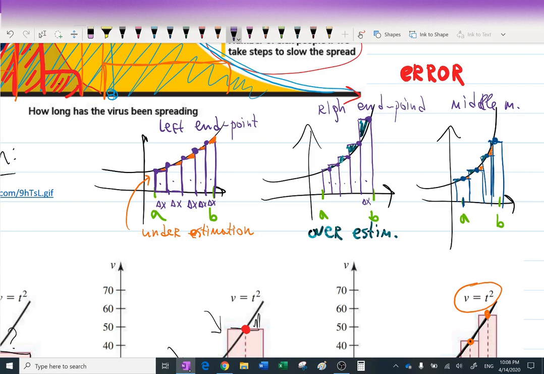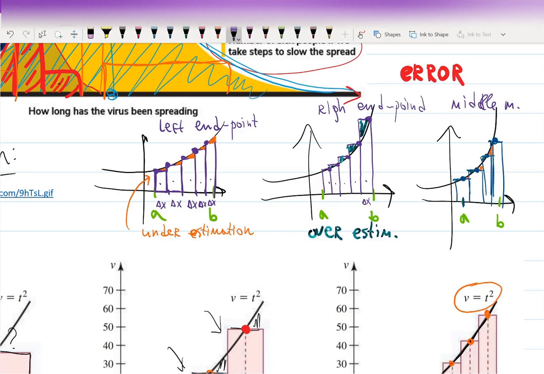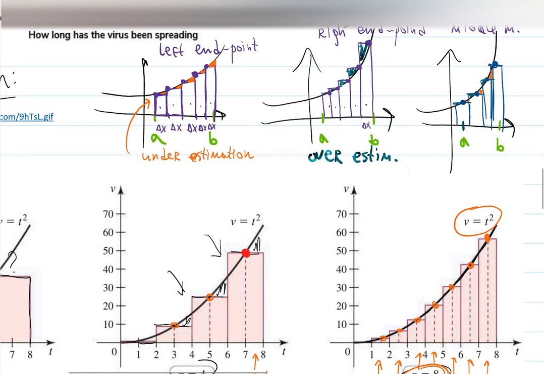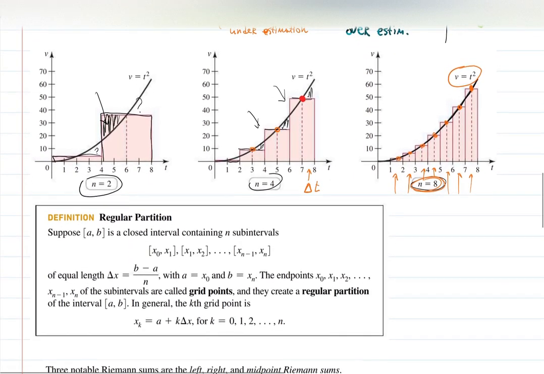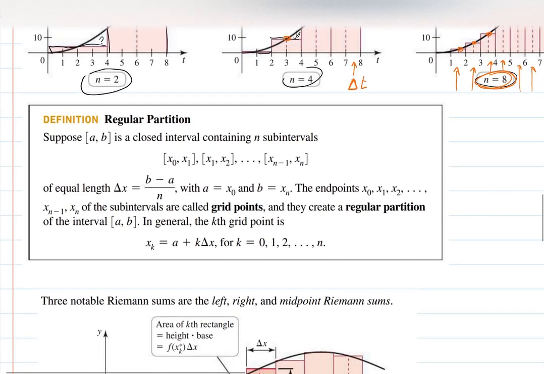Okay, let's keep going. Let me close this. Let's keep going with calculations now. And let's first introduce a couple of definitions to move on to the examples. A regular partition is what we call those same intervals that I'm talking about. Suppose we're working from A to B. That's exactly what I showed you.